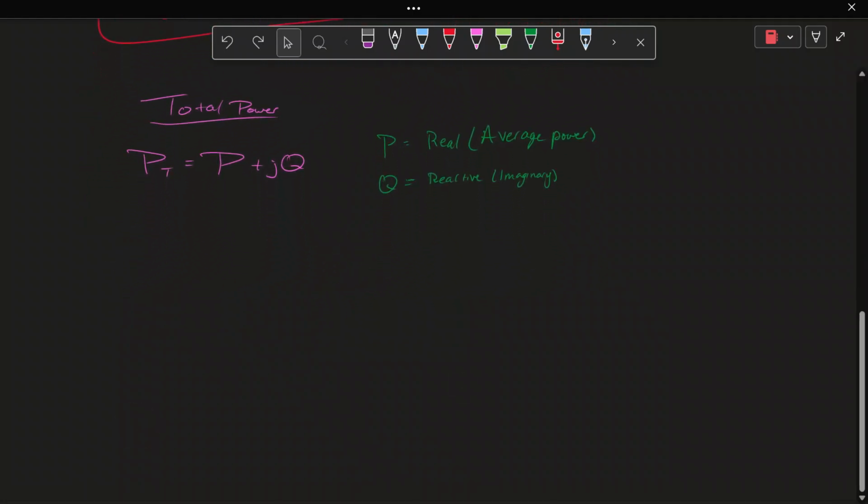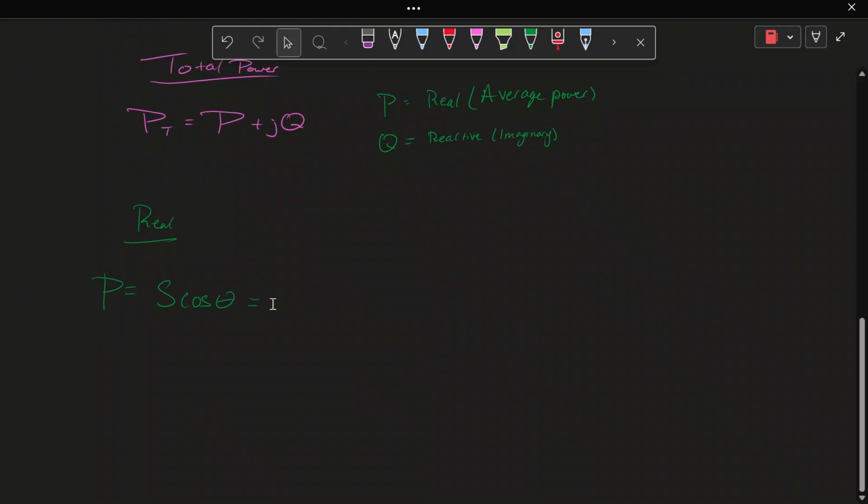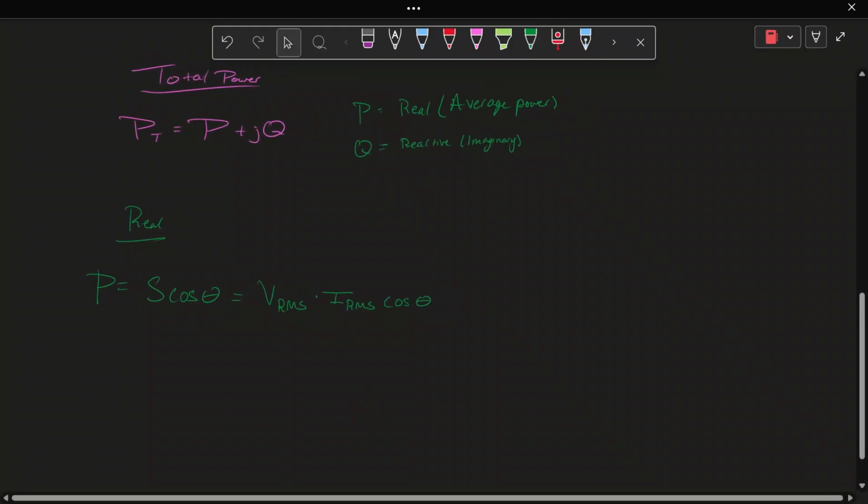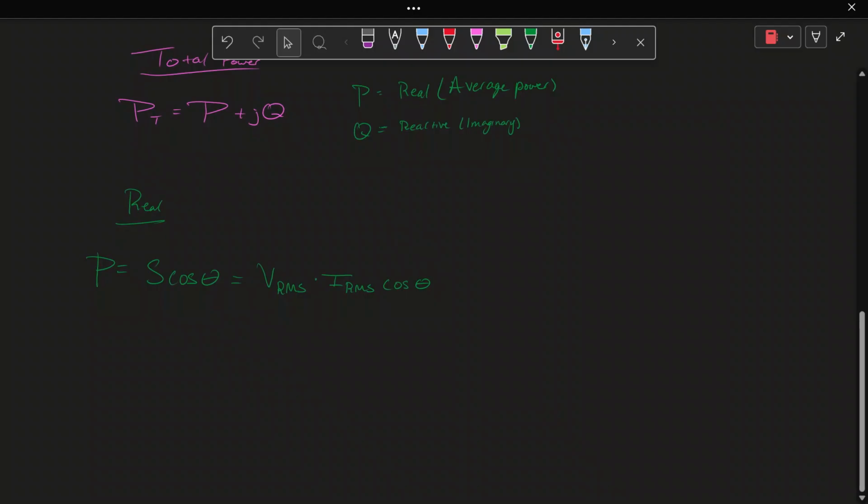So now, again, the real power, P, is equal to S cosine of that angle theta. It's also equal to the RMS voltage times the RMS current times cosine of the angle between them. Okay, but what is S?